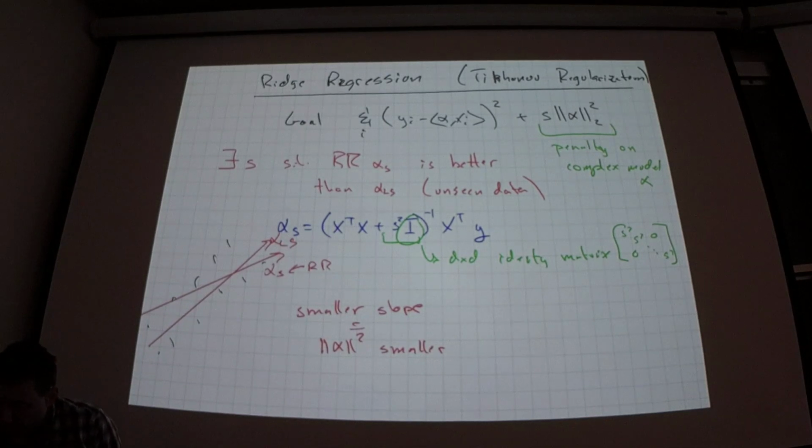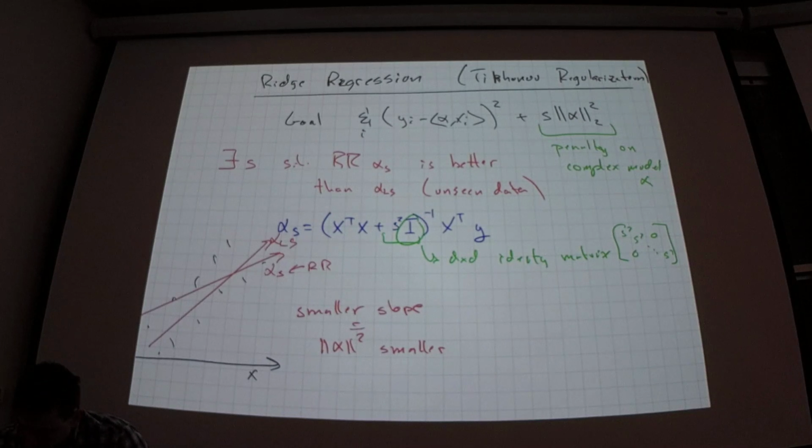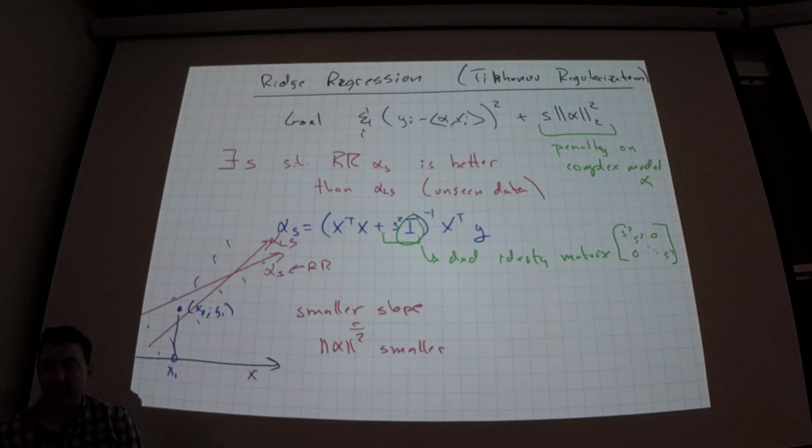Okay, so why is this useful? If I draw the x-axis here, let's take this data point for instance. Say this is x1, y1. Well, that corresponds with x1 down here on this axis. And if I move this to x1 prime, this is x1 plus delta.